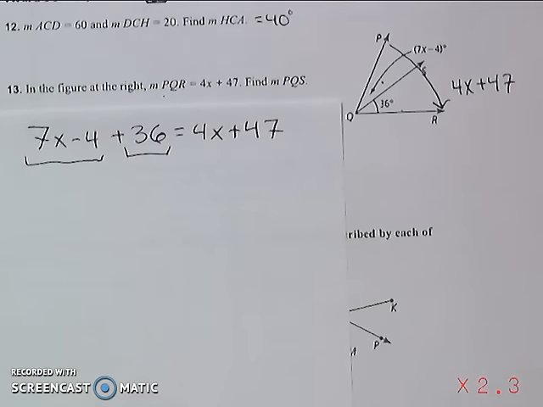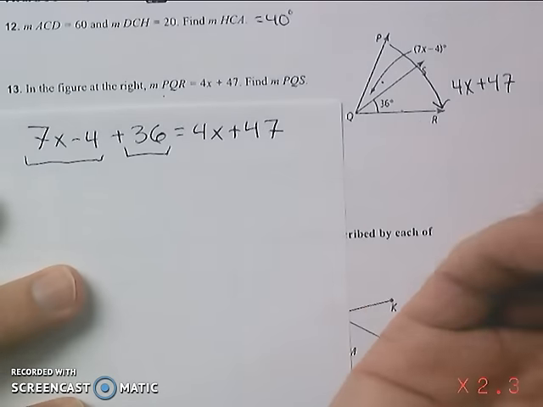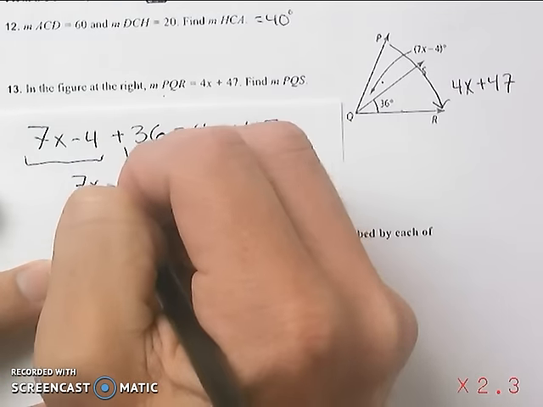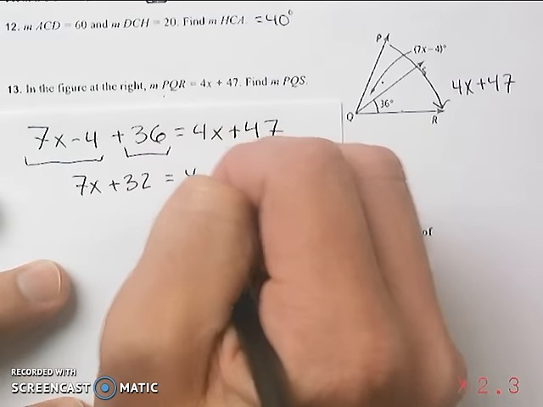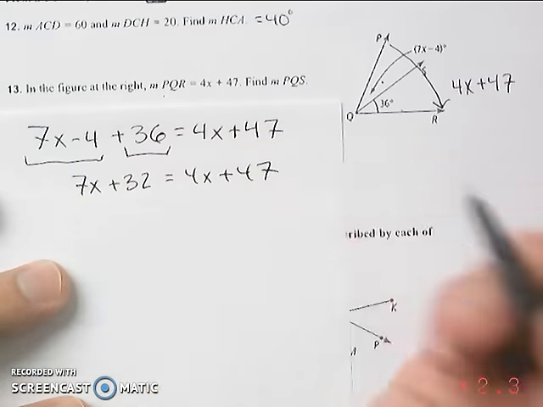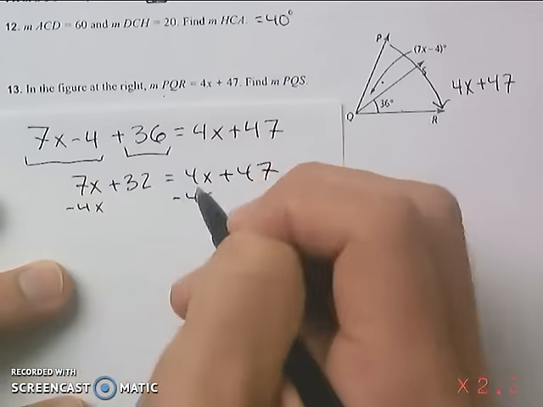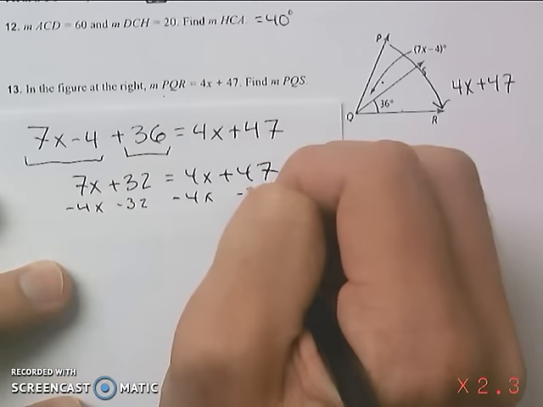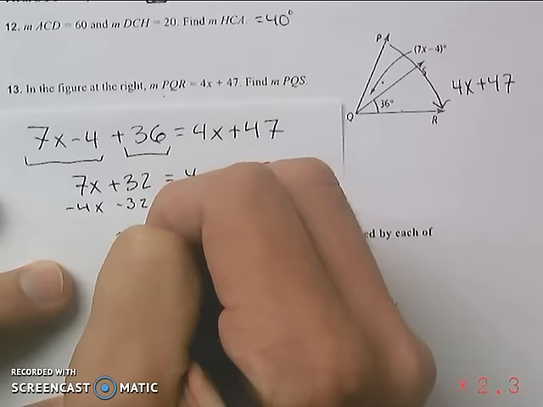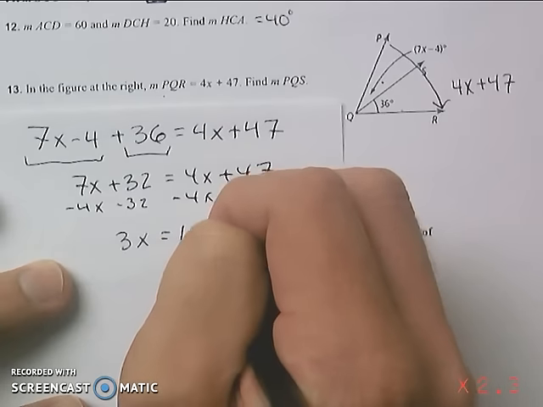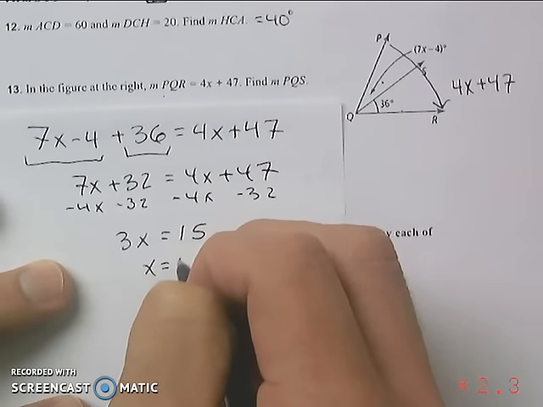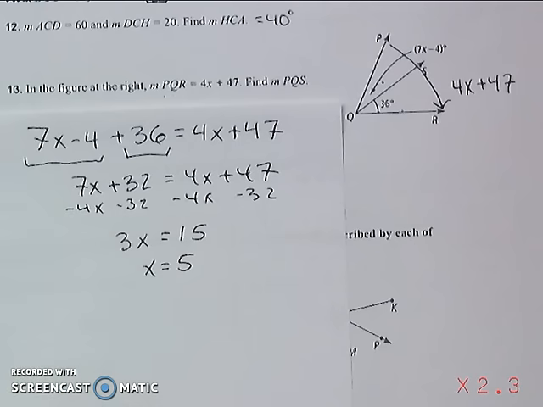So here we have two little angles set equal to the large angle. And we can go ahead and do some combining like terms. Move some things. And we get x equals 5. So just doing our basic algebra here, we get x equals 5.